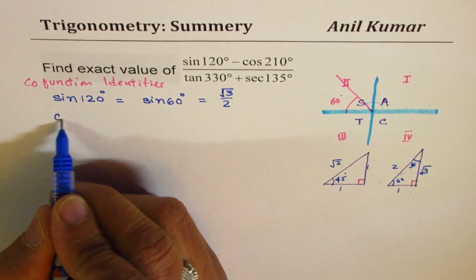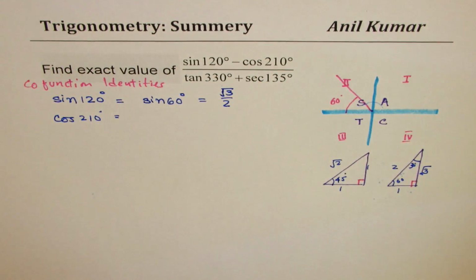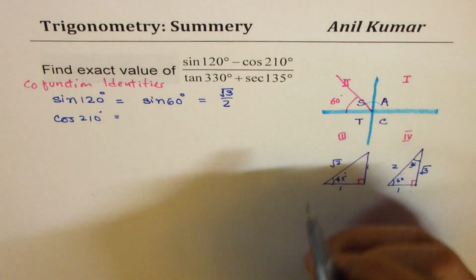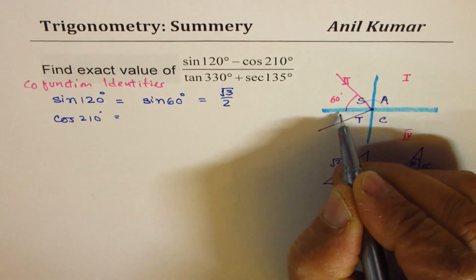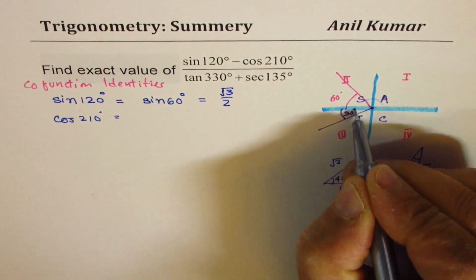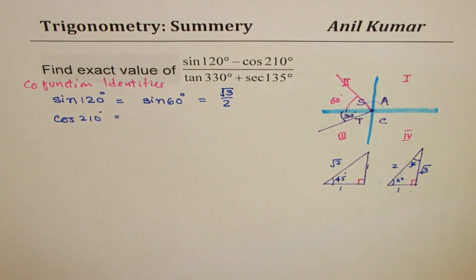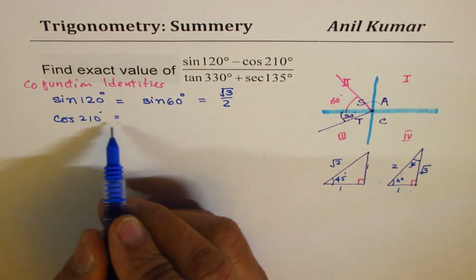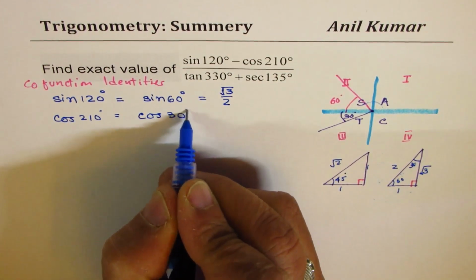Let's go back to cos 210 degrees. When I say cos 210 degrees, you are in quadrant 3. So 210 will be 180 plus 30, right? So that should be 30 degrees, so that you get 210, correct? So you could write this as cos of 30 degrees.